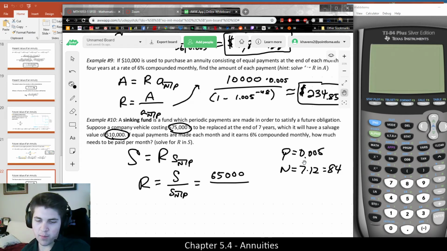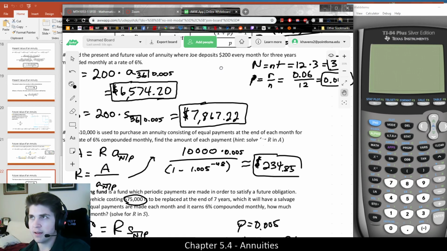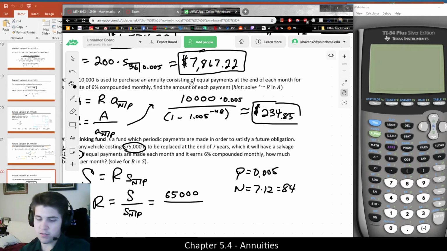So in our formula, we're going to take S and divide by s n p, which is this friendly, fun fraction here. That was very alliterative. So we're basically dividing by 1 plus p to the n minus 1, over p.